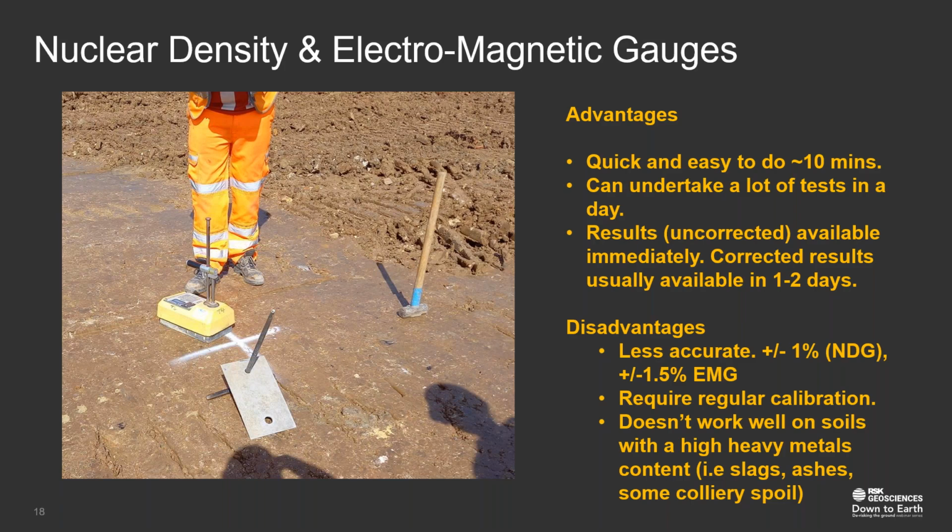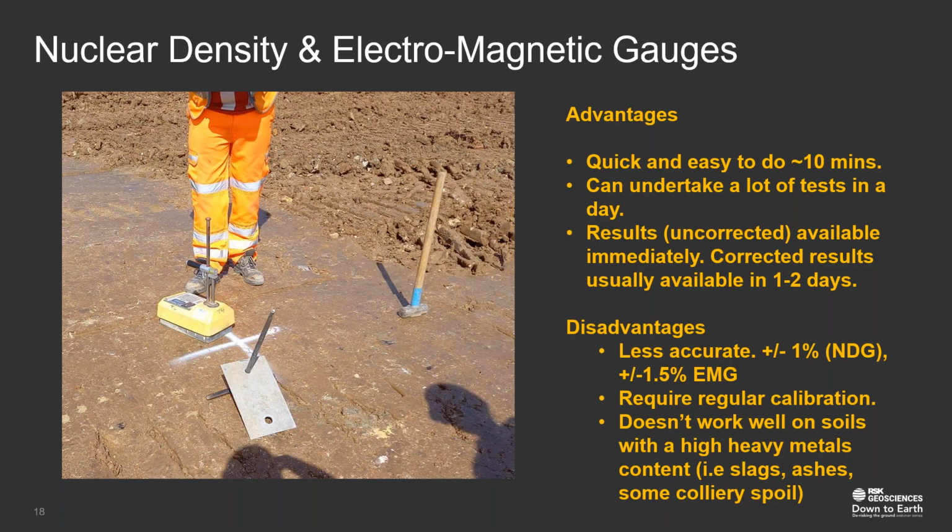And you can see there the bar and the sledgehammer that is used to form the hole to insert the probe in, and with the probe down it is actually measuring the signal in the photograph. The electromagnetic density gauge works in a similar method.